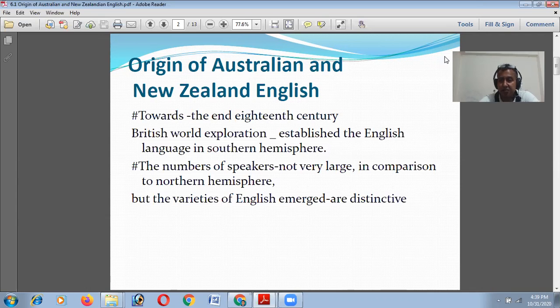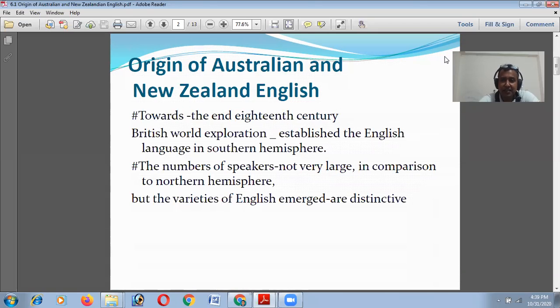In the southern part of this world, the number of English speakers is less in comparison to the northern part of this world map.